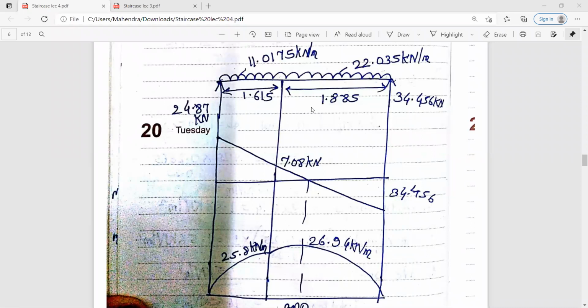Now, how are you going to calculate SFD and BMD? I hope everyone knows how to calculate the shear force and bending moment diagram. Is there anyone who doesn't know? I hope everyone knows. Should I proceed with the next?